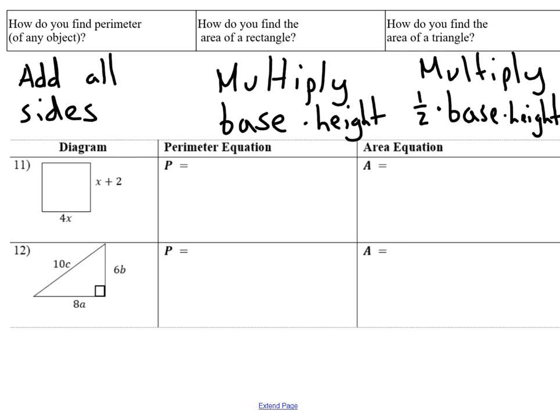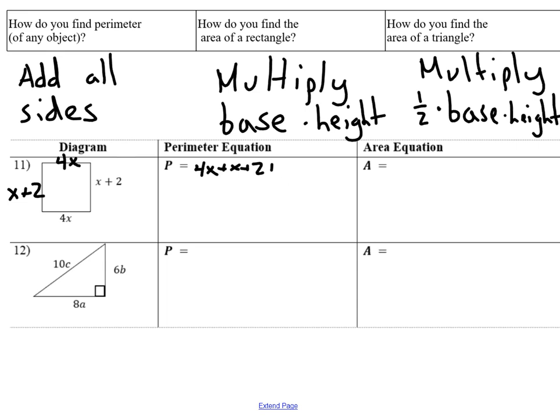Let's go ahead and look at how to find the perimeter of this square here. So if we know that one side of the square is x plus 2, we know the other side has to be x plus 2 as well, and we know this must be 4x. So all we have to do is add all of our sides together. So we have 4x plus x plus 2 plus 4x plus x plus 2.